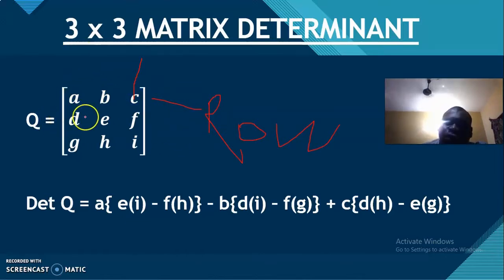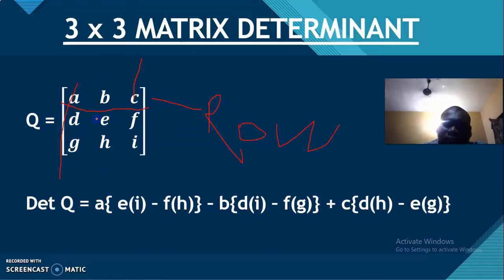So now we are going to convert this to a 2 by 2 matrix. We first pick the element in the first row, which is A, and open a bracket. By picking A, we assume that this particular column is struck out and this particular row is also erased.